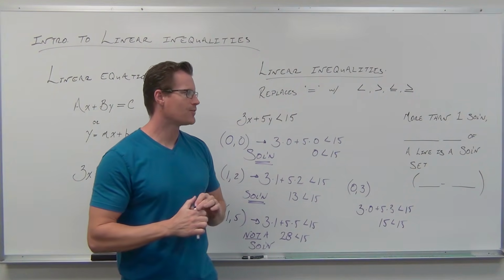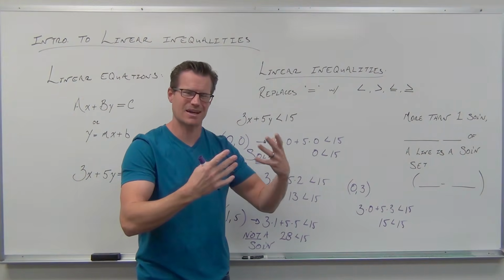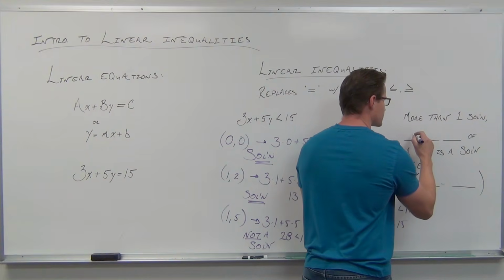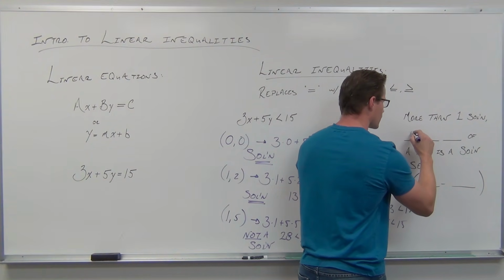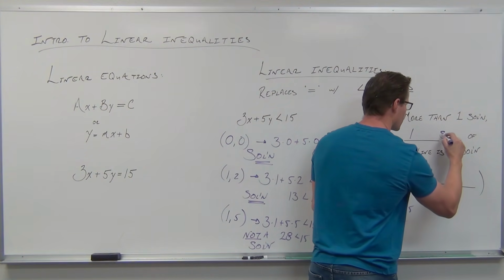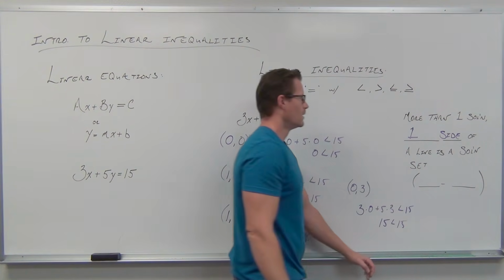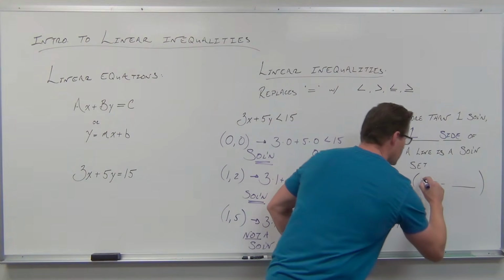That's kind of the way that I'm going to get to this next thing, what it really is. One side of a line is a solution set. That's called a half plane.